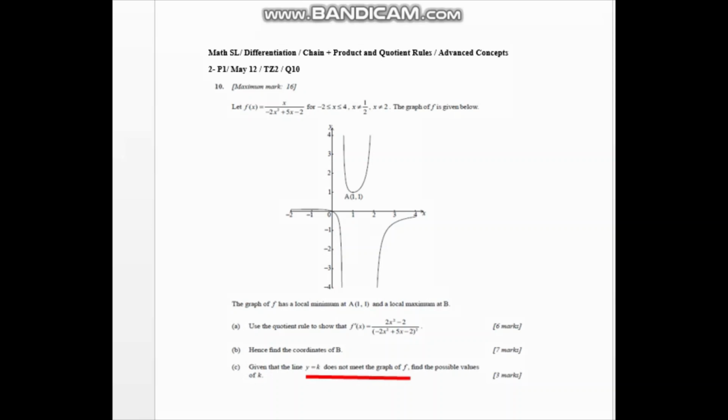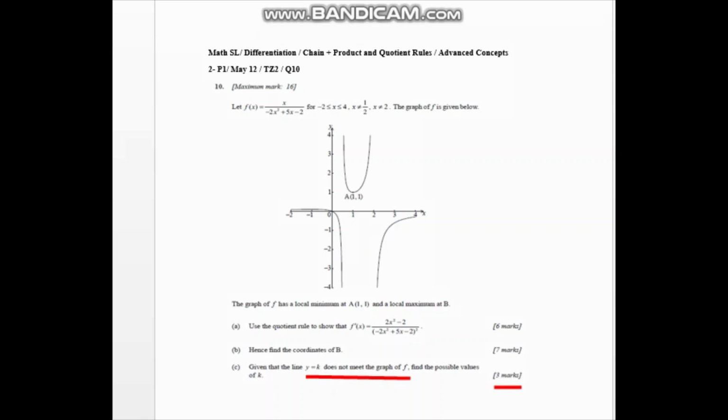So this is a concept question, and this question in particular, this part C, is the reason why I classified this as an advanced problem, because not everybody really understands or easily grasps how to approach these unorthodox questions. But luckily you only have 3 marks out of 16 dedicated to this part, so you have 13 marks that are rather easy to obtain in this question.